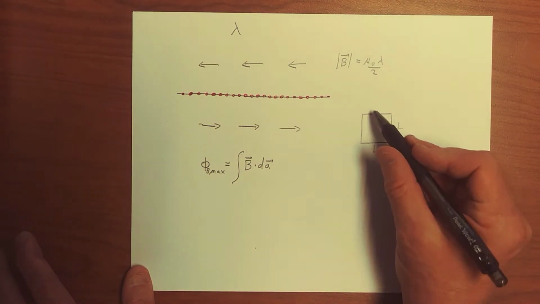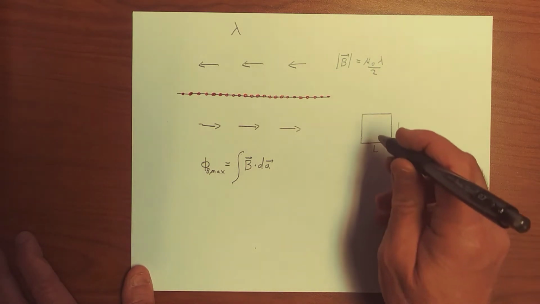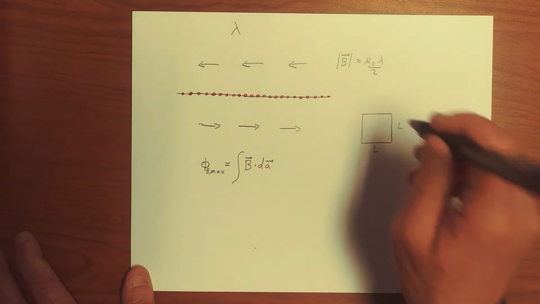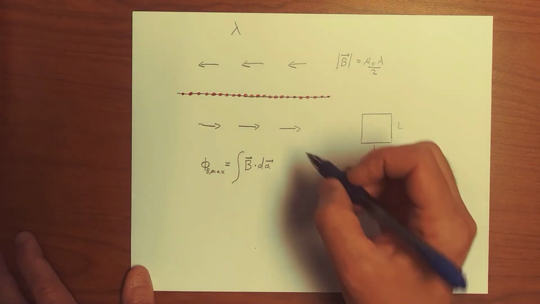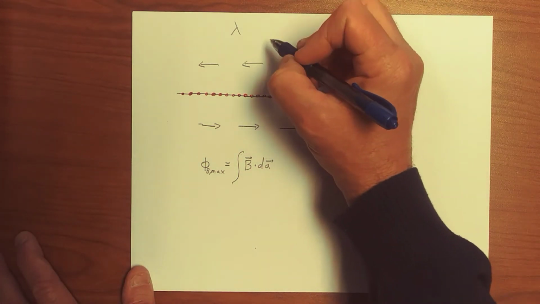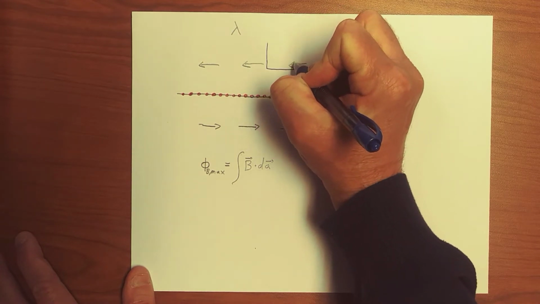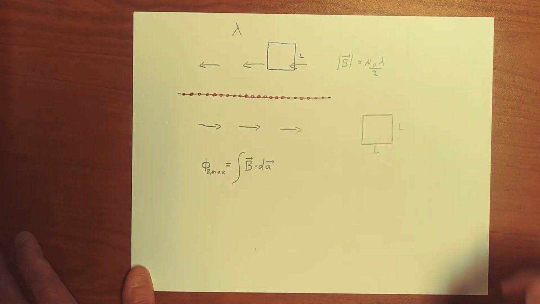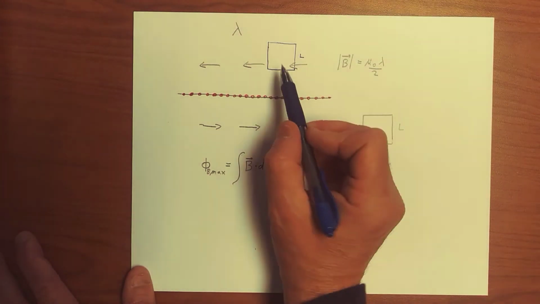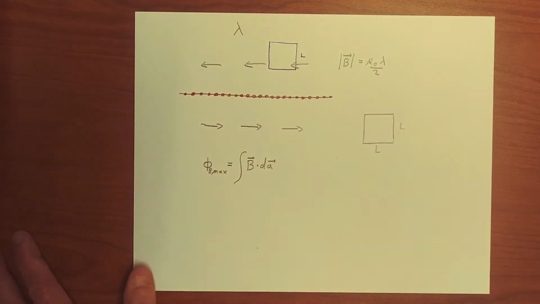So we want to place this square such that magnetic field lines go straight through there, and so if we place it, let's draw it here in blue. If we place it like this, right, here's our square, side L. If we place it like that, the field lines everywhere on the surface of the square don't penetrate the square.